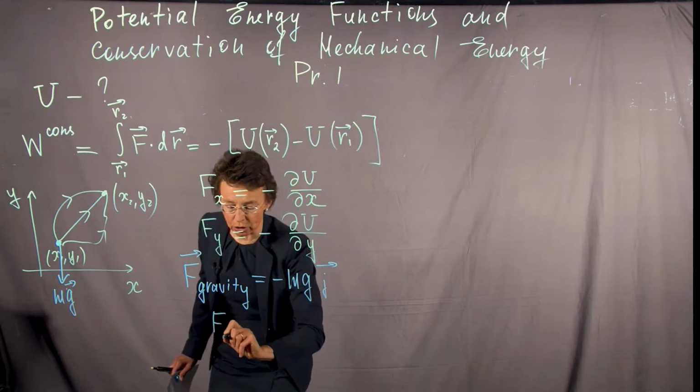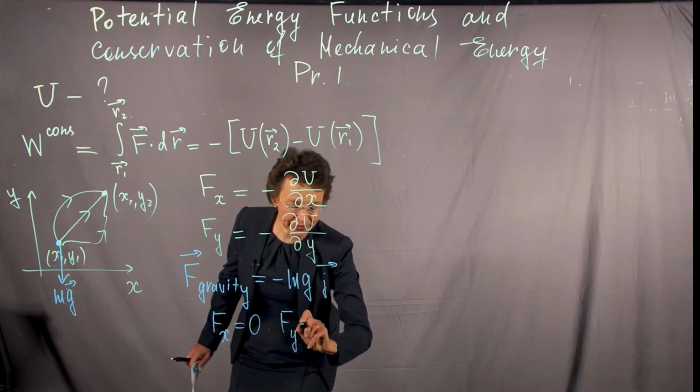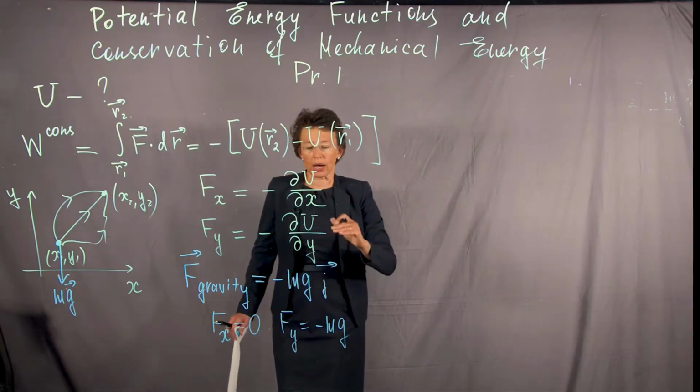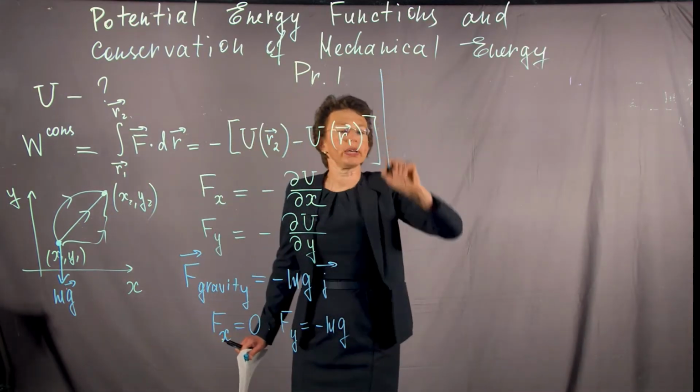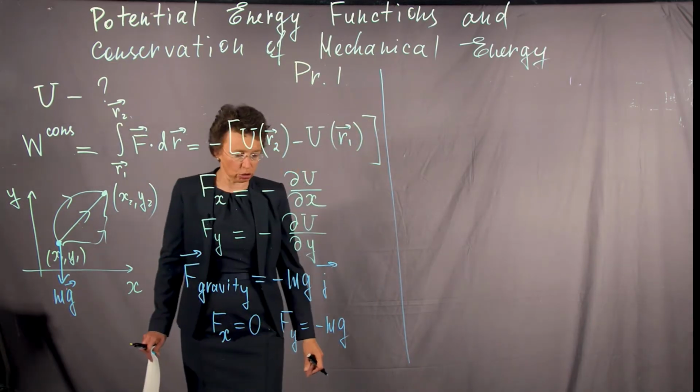Or in terms of components, F sub x is 0 and F sub y is minus mg. What I want to do, I want to find the potential energy function for force of gravity. Or in other words, I want to prove that this force is a conservative force.